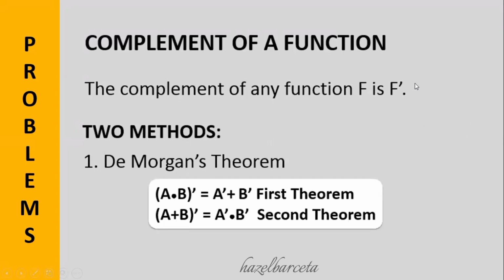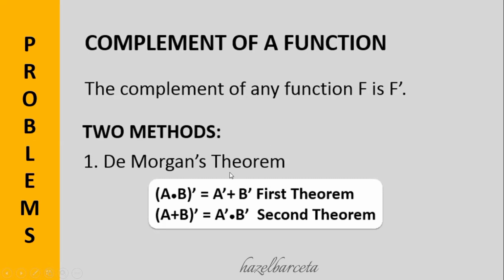So, ibig sabihin po nito, maglalagay lang po tayo ng apostrophe if we are solving for the complement of the given or the said function. Okay? So, halimbawa, ang function po ay d, therefore, pag complement po ang ating isosolve, magiging po siyang d prime. Okay? So, we have two methods.